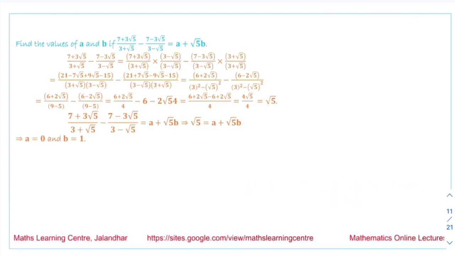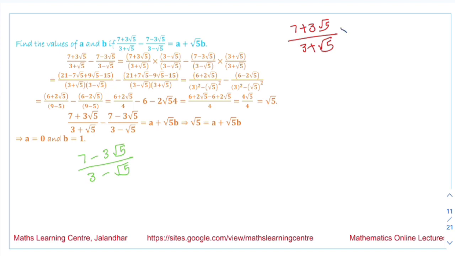Now in the next question we have to find the value of a and b, and these two values are given to us. We look at the question in two different parts. The first part is 7 plus 3 root 5 over 3 plus square root of 5, and the second part is 7 minus 3 square root of 5 over 3 minus square root of 5.